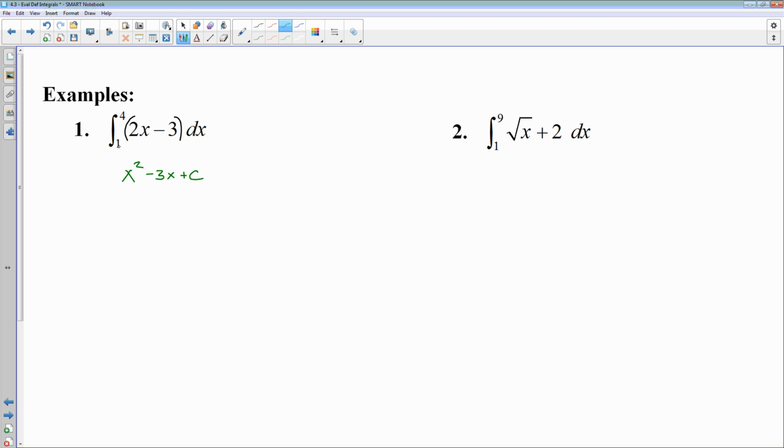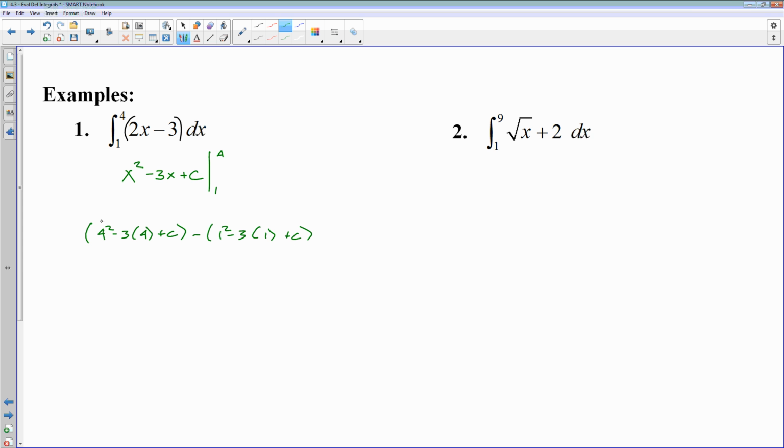Then we need to evaluate that from 1 to 4. The notation we use is we put a vertical bar at the end, and I'll put a 1 and a 4, and that means we're going to evaluate this function from 1 to 4, meaning I plug 4 in first. So it's going to be 4 squared minus 3 times 4 plus a constant minus 1 squared minus 3 times 1 plus a constant.